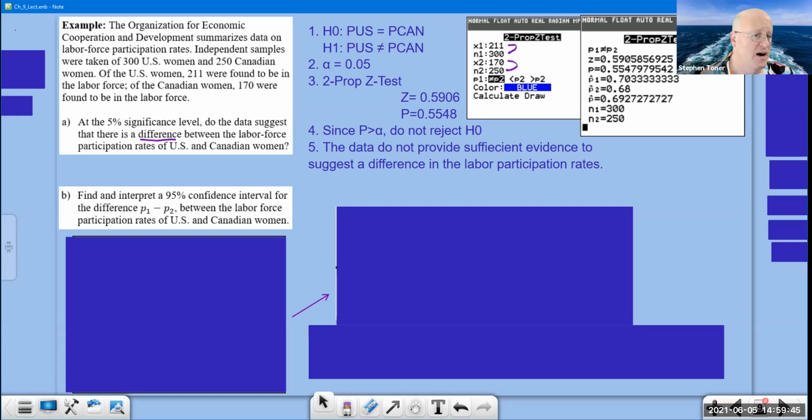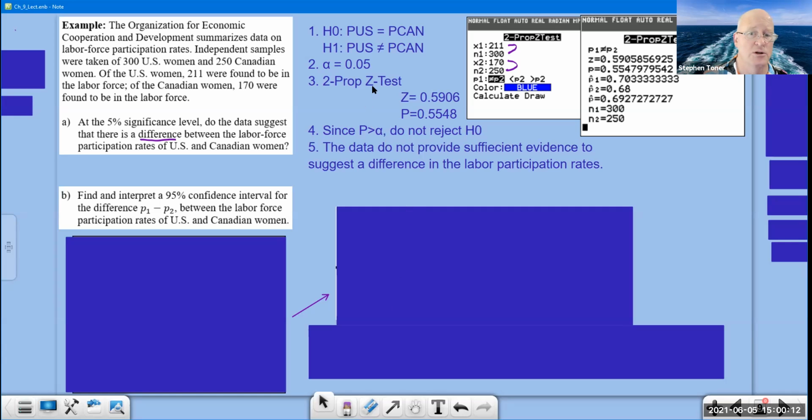So it says, find and interpret a 95% confidence interval for the difference between the labor force participation rates. Oh no, I hate it when there's our do not reject, because that means we're probably going to have the split conclusion over here. If there is a reject and we have a definitive conclusion up above, that usually makes the wording of our confidence intervals a whole lot nicer.